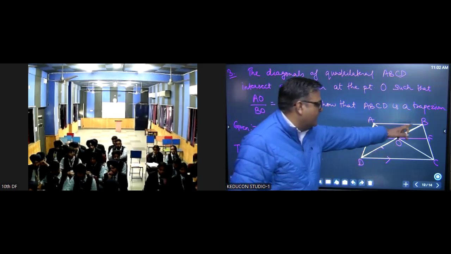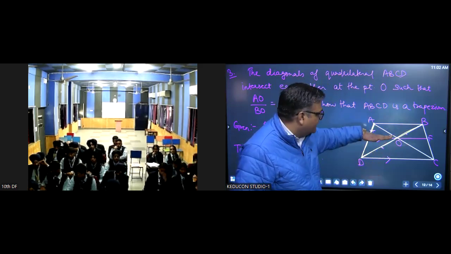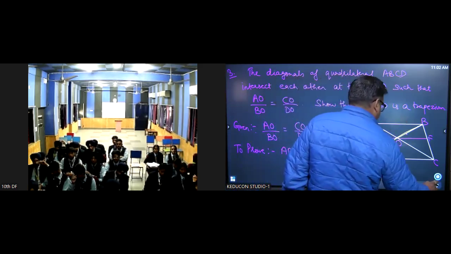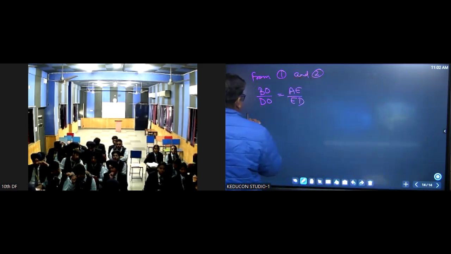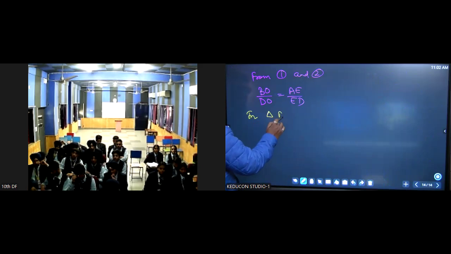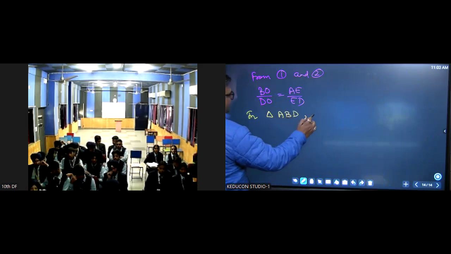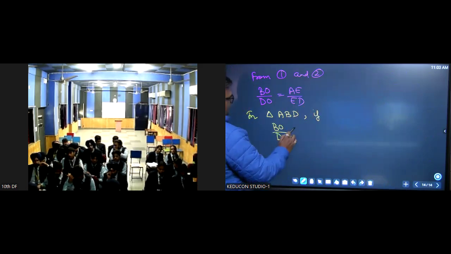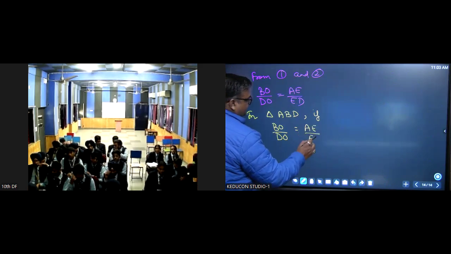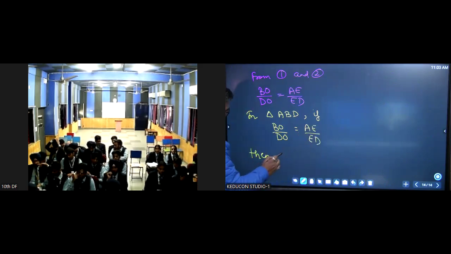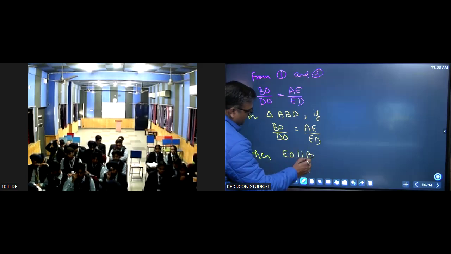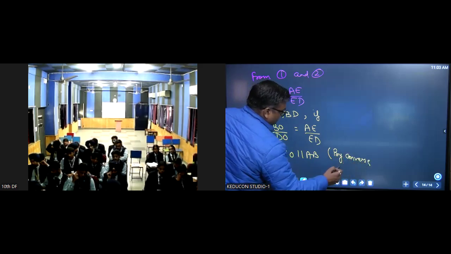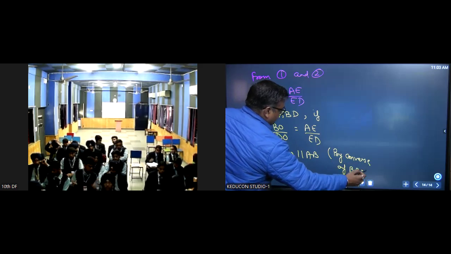Then in triangle ABD, applying the converse of BPT, this EO will be parallel to AB. क्या लिखेंगे इन ट्रायंगल ABD if BO upon DO is equal to AE upon ED, then EO will be parallel to AB। और ब्रैकेट में क्या लिखेंगे? बाय कन्वर्स ऑफ BPT, right जी? Is this clear?